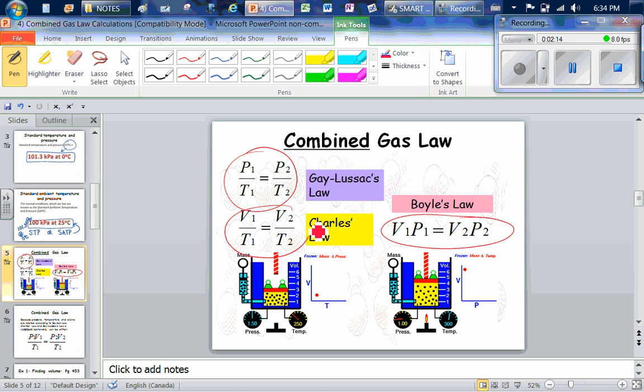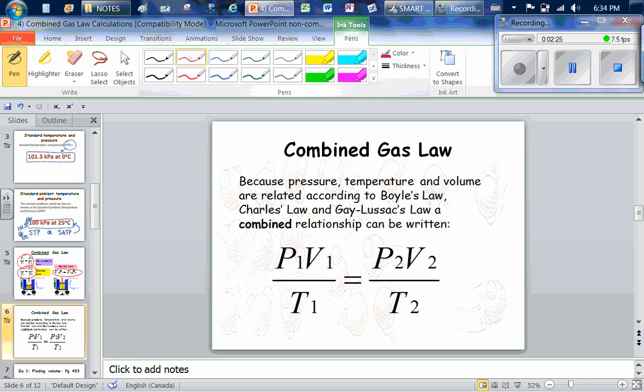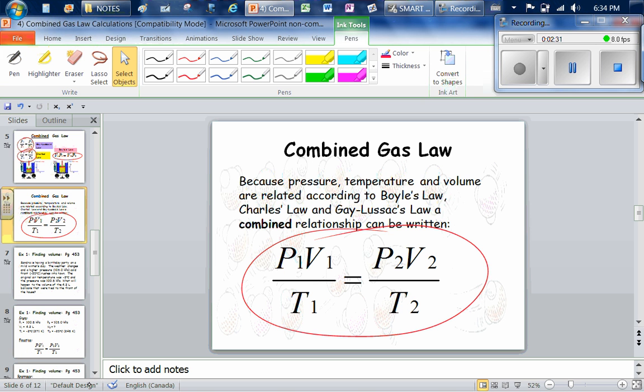And then you have Charles' law, V1 over T1 equals V2 over T2. When you combine them all together, you get this nice combined gas law that looks like this and can be very useful. So your initial pressure and volume divided by your initial temperature is equal to your final pressure and volume divided by your final temperature.